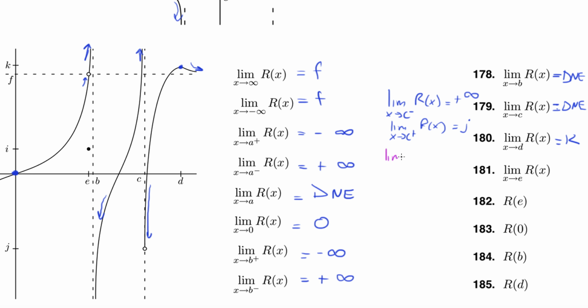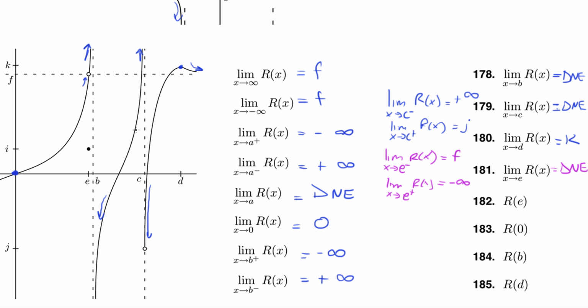So here, when x approaches e from the left, it approaches f. But when x approaches e from the right, it approaches negative infinity, therefore does not exist.